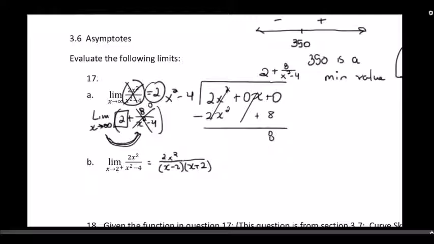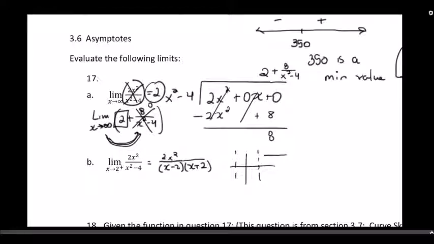Now if you recall, I'm just going to draw a general graph. We have a vertical asymptote at 2 and negative 2. If we're approaching the vertical asymptote from the right, if you recall the graph of a rational function, when you approach a vertical asymptote, you have one of two choices. Either the graph goes up to positive infinity, or the graph goes down to negative infinity.